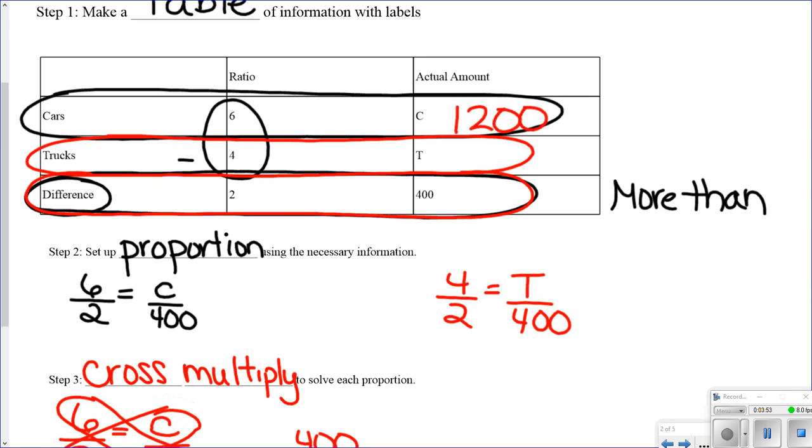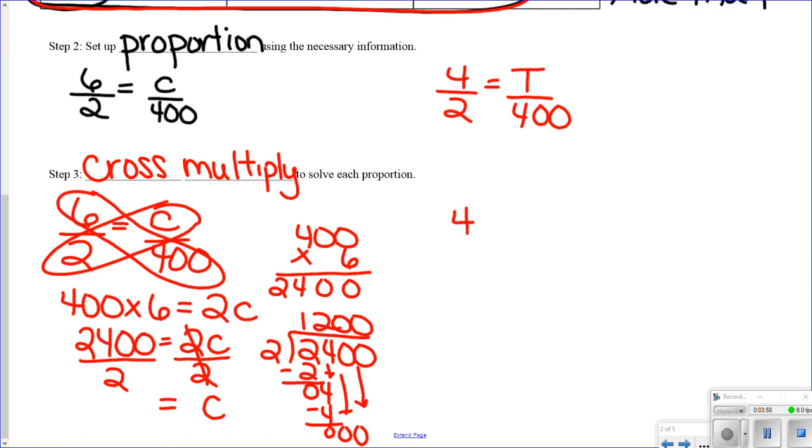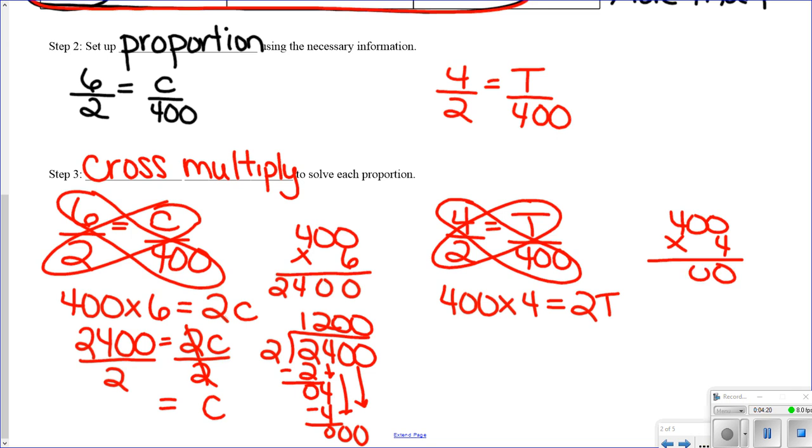And now I'm going to set up the other proportion of 4 over 2 equals T over 400 to find out the number of trucks. Find the diagonal. 400 times 4 equals 2T. 400 times 4. 4 times 0 is 0. 4 times 0 is 0. 4 times 4 is 16. 1,600 equals 2T.